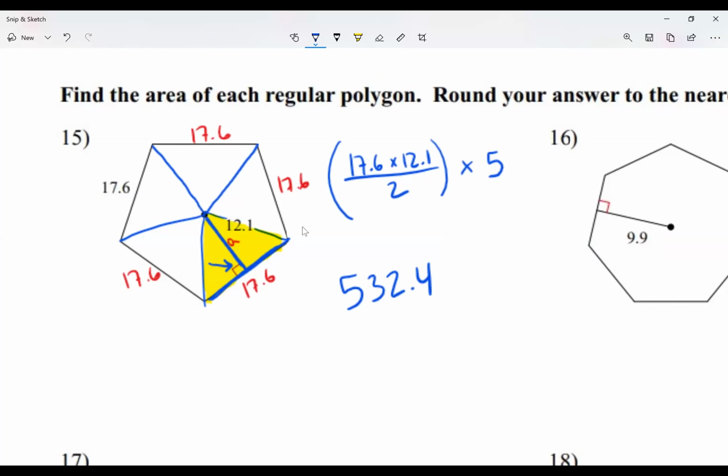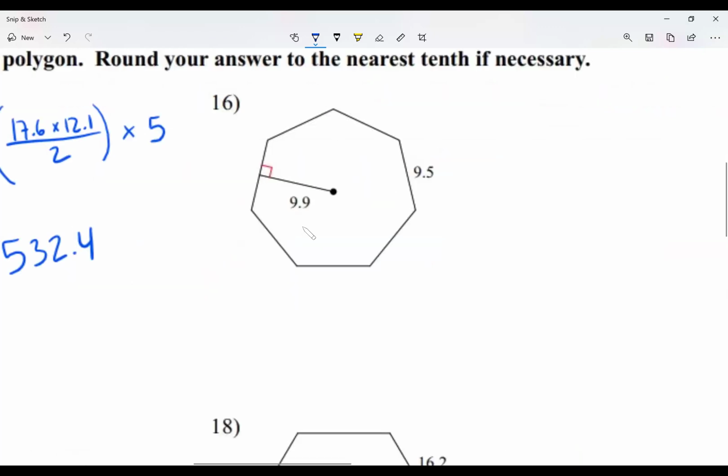Nice. Let's take a look at number 16. Because it's a regular polygon, I know this side right here is 9.5. Because this side is 9.5, I could basically say all the sides are 9.5 each.